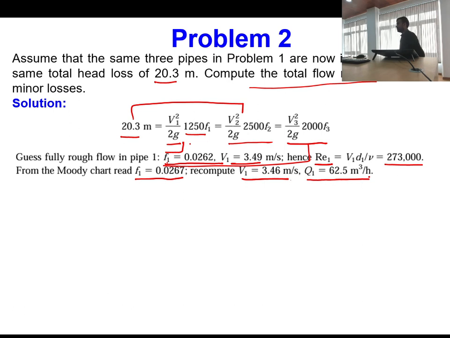Is this point clear? So how did we initially guess the value of f1? We guessed it from the rough design region of the Moody diagram. If you see, we had defined one particular region in the Moody diagram where epsilon plus is greater than 70.